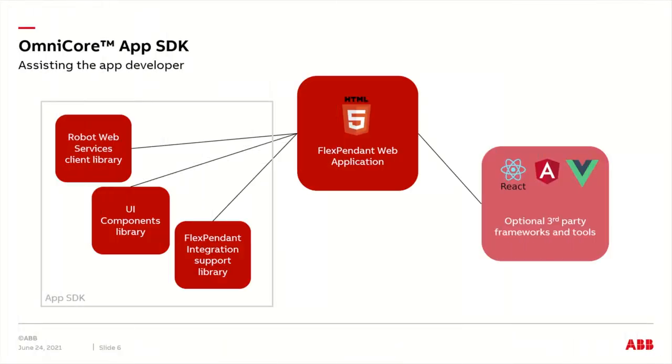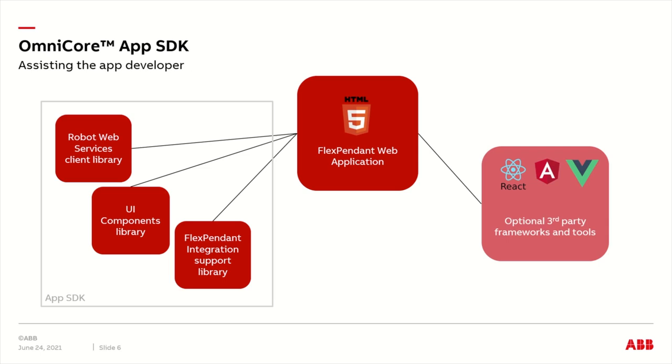Now, let's take a look at the OmniCore App SDK, which makes life a bit easier as an app developer. As mentioned earlier, a web app is developed using standard web technologies. It is also possible to use most generic third-party frameworks and tools available from the web development community. While not strictly required, the OmniCore App SDK provides three main areas of support for the developer.